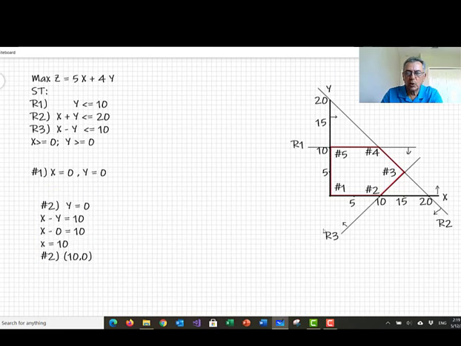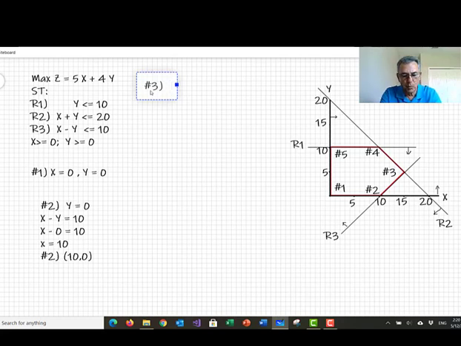Now we will go ahead and try to find the extreme point coordinates for number 3. We can see that number 3 is obtained by intersecting R3 and R2. So let's do that. First, we make these two constraints equalities.